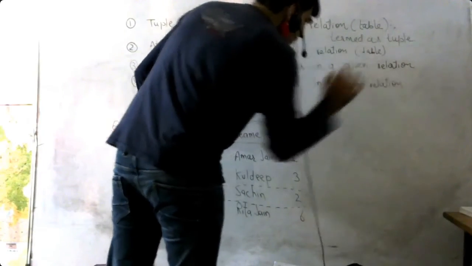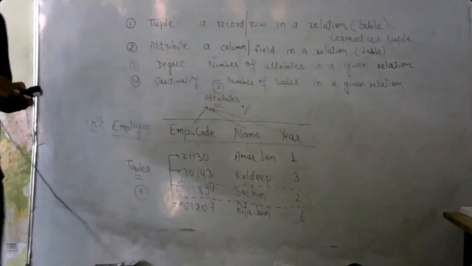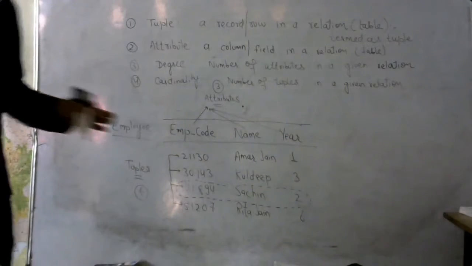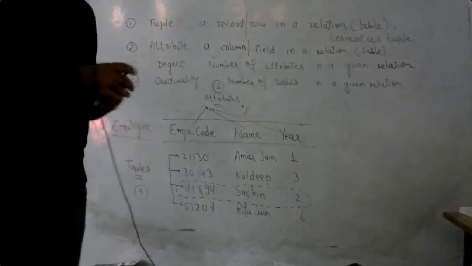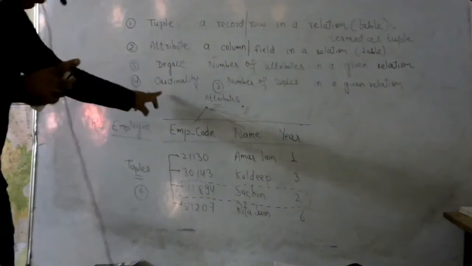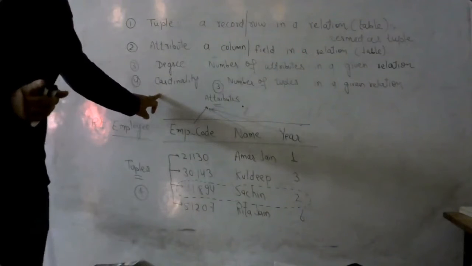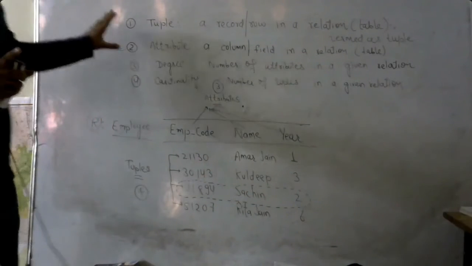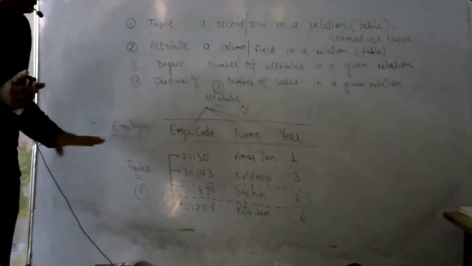If there is any relation, in that relation the number of rows, the number of records, the number of tuples is known as the cardinality of that relation. I think you might all have understood these points.